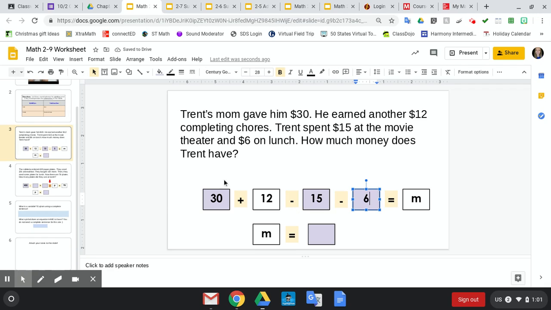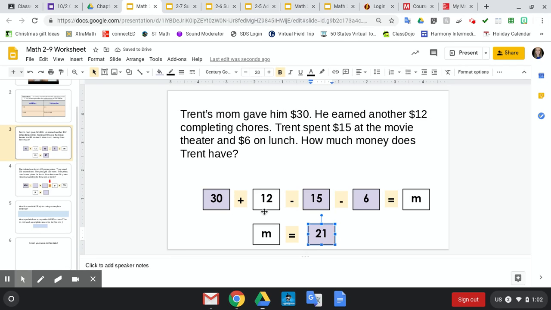Now, as I solve this, I would write this out on a piece of paper and say, well, 30 plus 12, that's 42. And then I would subtract 15. Oh my goodness, 42 minus 15, what is that going to be? Well, when I have to regroup and solve, I would get 27. And then I can take 6 away, and 27 minus 6 would be 21.